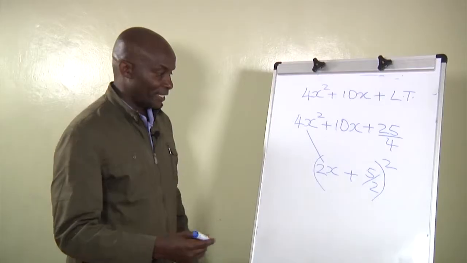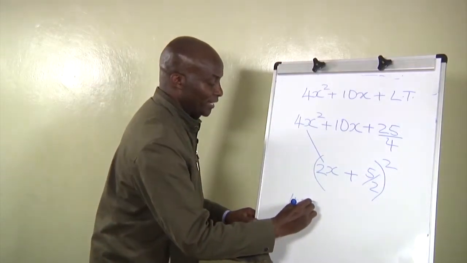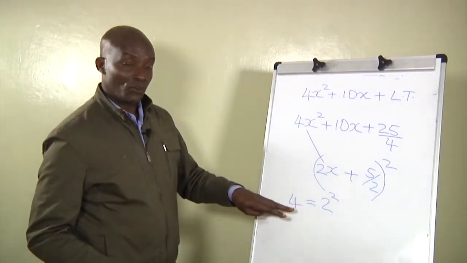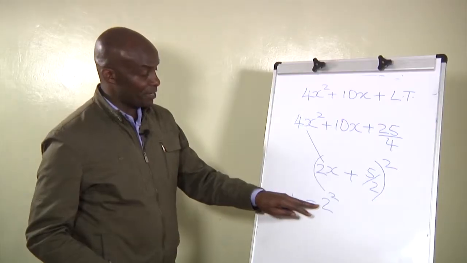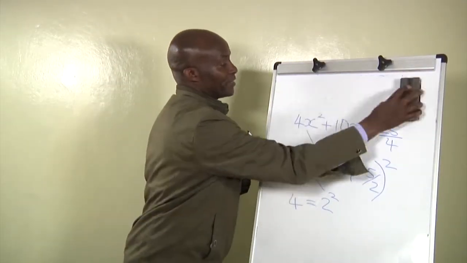In other words, just as we can write 4 as 2 squared, we can say that 4 is a perfect square because it can be written in the form 2 squared without a decimal.